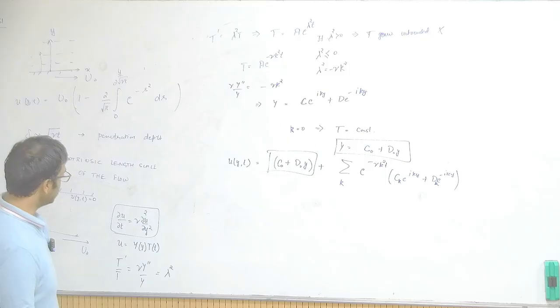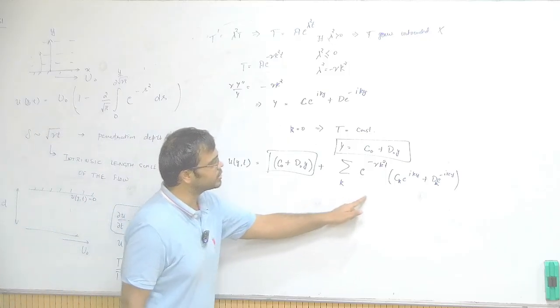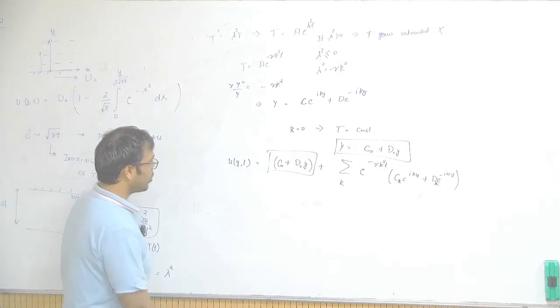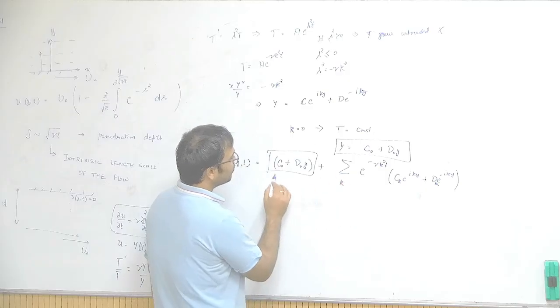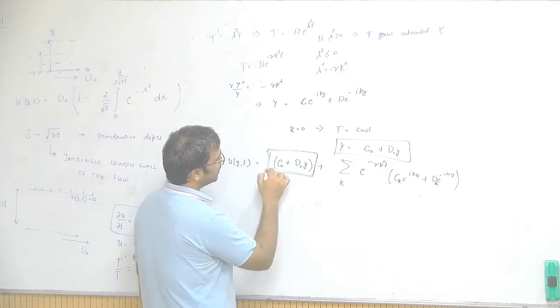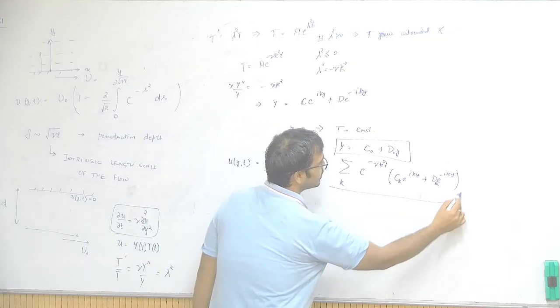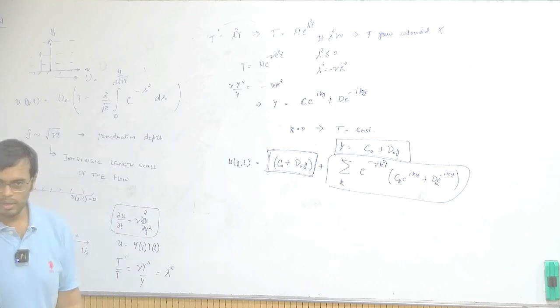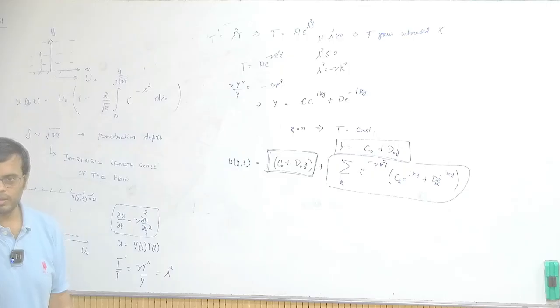So now let us see how to evaluate these constants. The first way that we are going to move forward is, is there a way that I can evaluate this particular part ignoring this? So when will this whole term be 0 for sure?